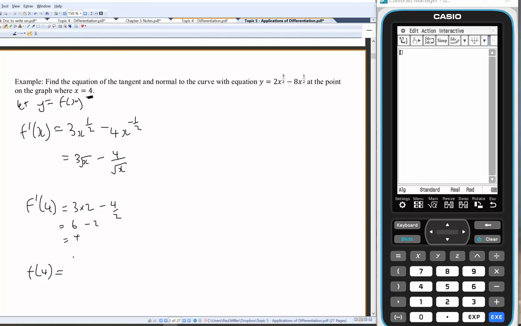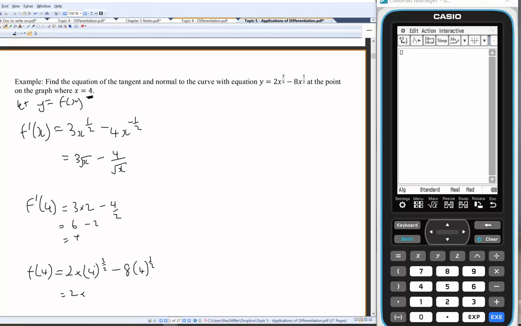All right, so now what is f of 4? I want to find out what the y value is at this point, at x equals 4. That's going to be 2 times 4 to the 3 on 2, take away 8 times 4 to the half.